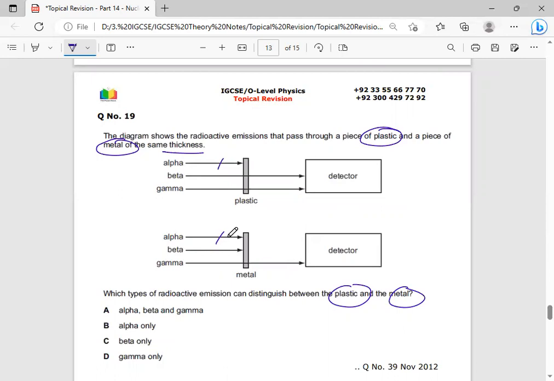Now in this diagram and in this diagram, there is a difference, meaning between beta particles. Gamma rays pass through the plastic sheet as well as the metal sheet. So the plastic and metal sheets are used to distinguish between beta particles only.